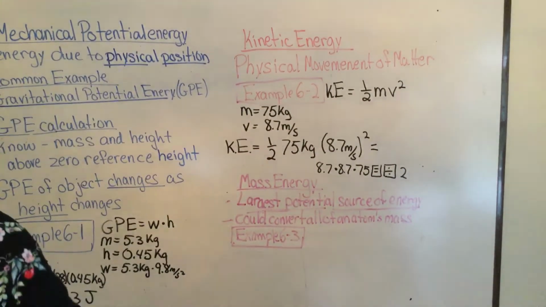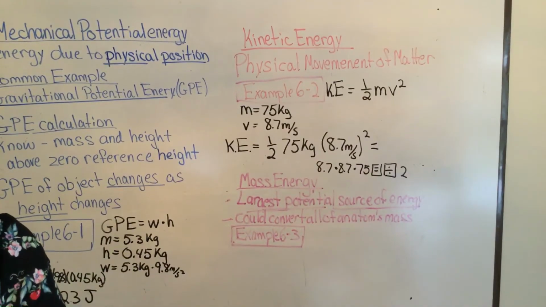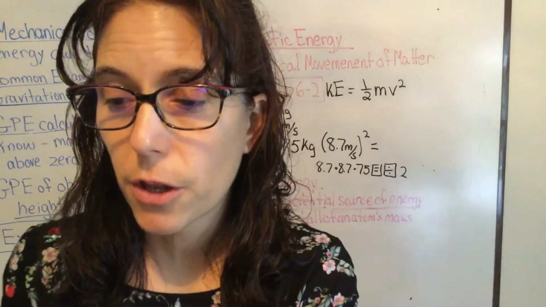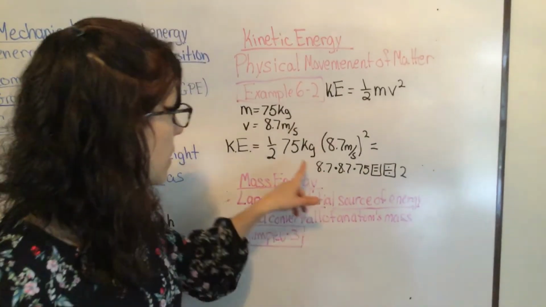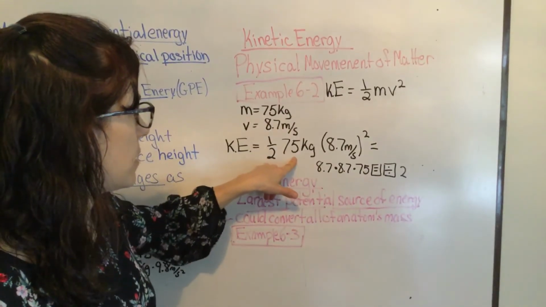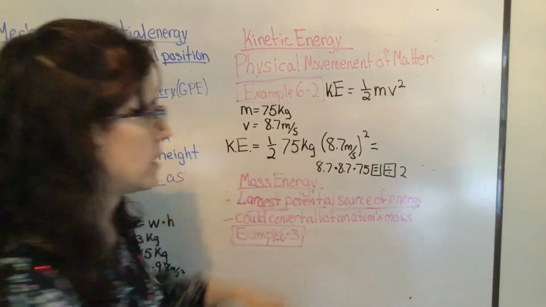All right, so we've got 2,830 is our answer. But again, this has 2 significant digits, and this has 2 significant digits.